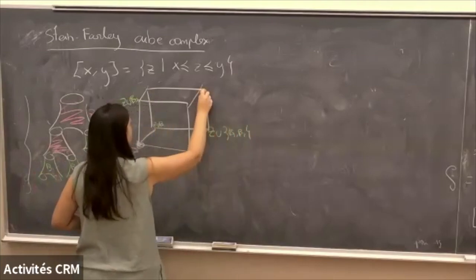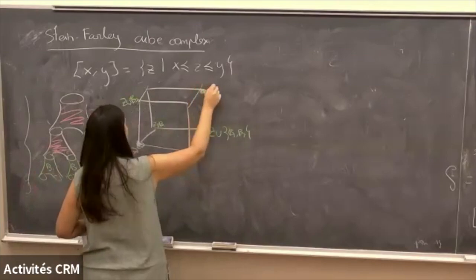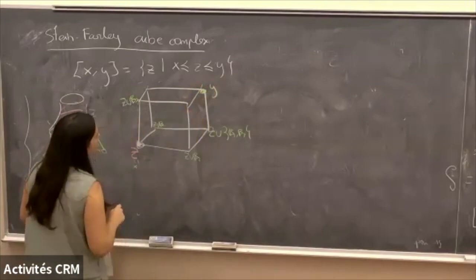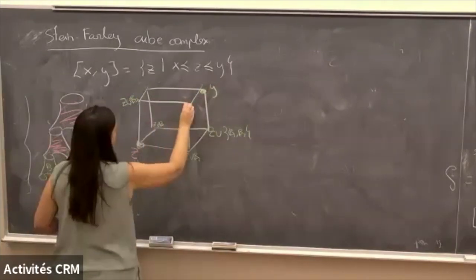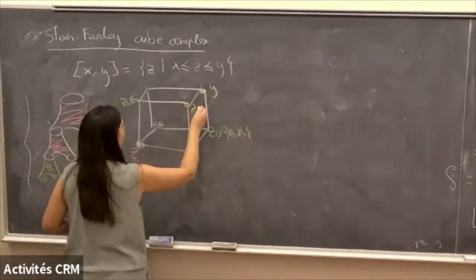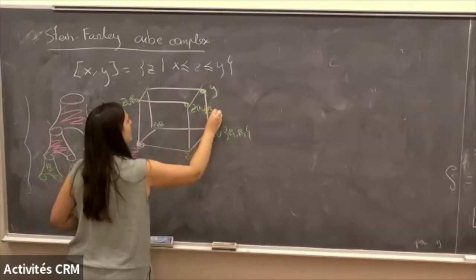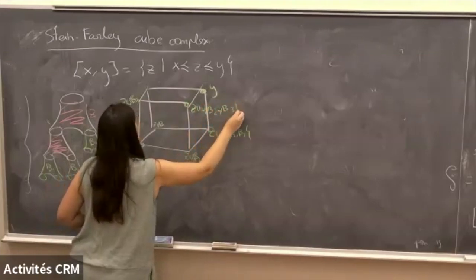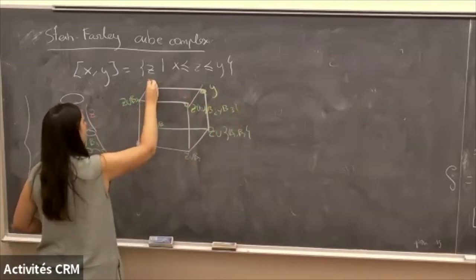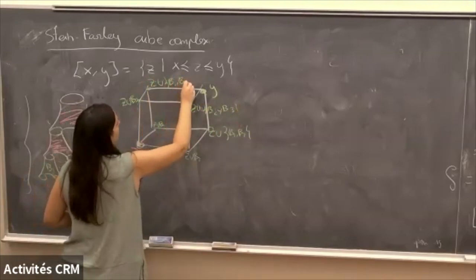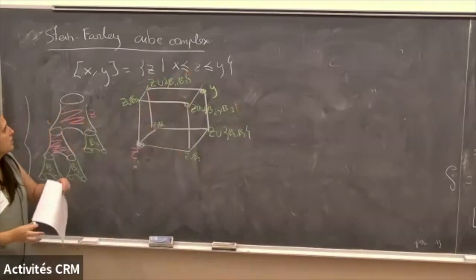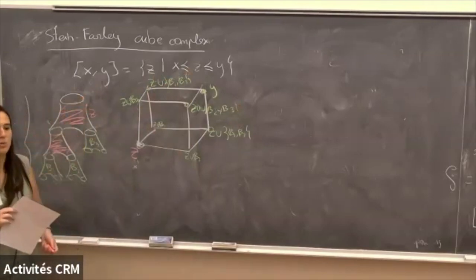This is the whole thing. So this is X and this is Y, the whole thing. And you know how it works, right? B2, B3. And this is B1, B3, right? So we have a cubical structure in our complex if we consider those as cubes.